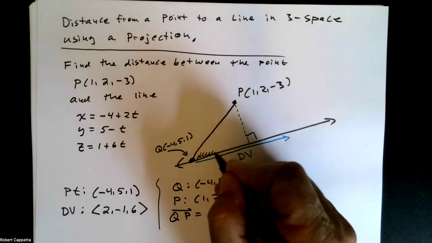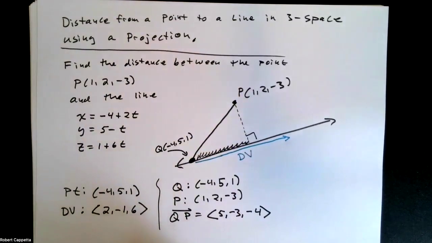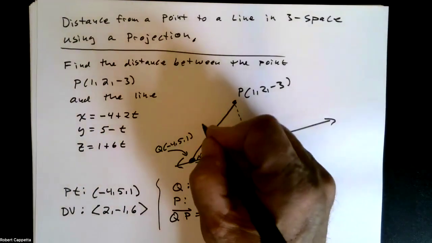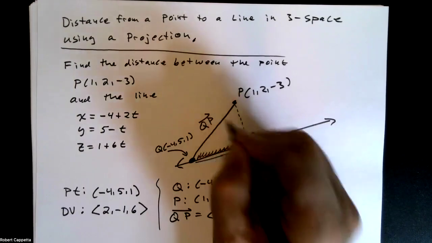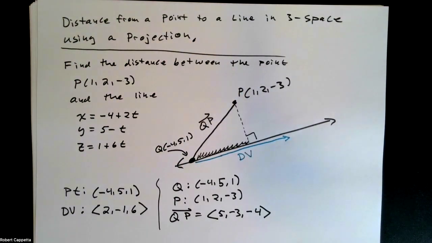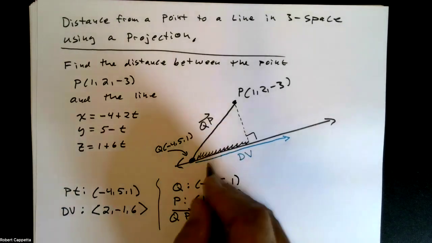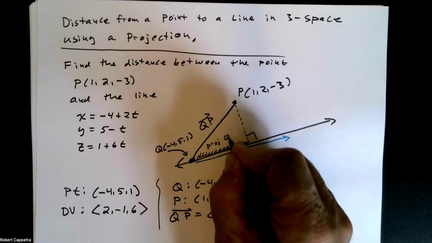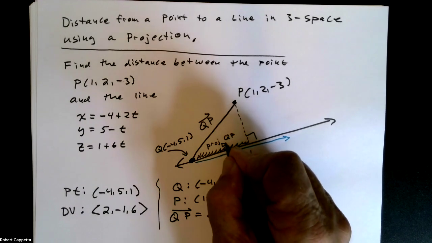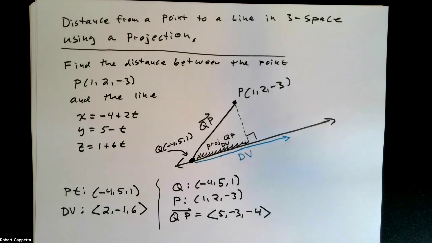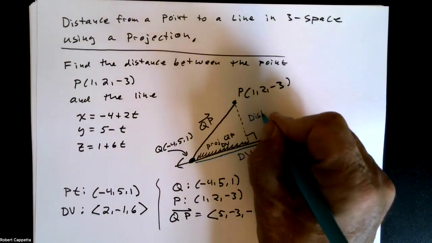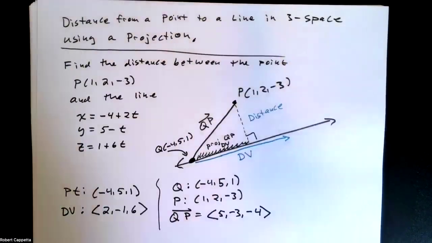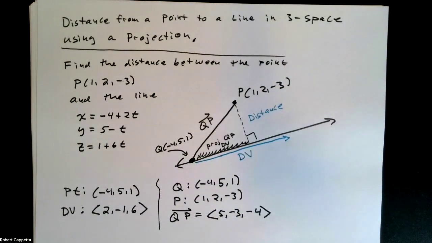This thing right here is the projection of the vector QP onto the direction vector, dV. But I need you to recognize that is not the distance. We will use that to get the distance. Where is the distance? The distance is here.